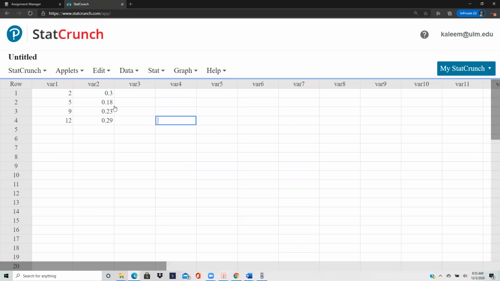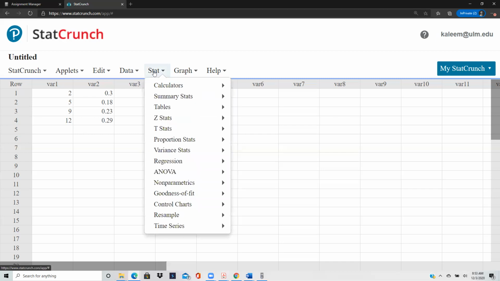Now, if this second column, which is the weight or frequency or probability column, was not decimals, then you could also do stats, summary stats, and grouped data. But grouped data will not work if these are decimals. I think it will give you an error.